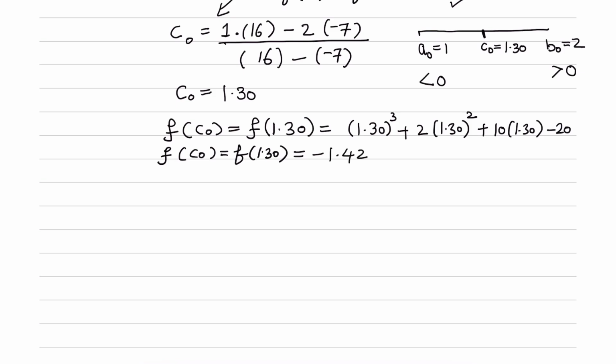Now the value of the function at 1.30, which is c naught, is minus 1.42, which is negative.